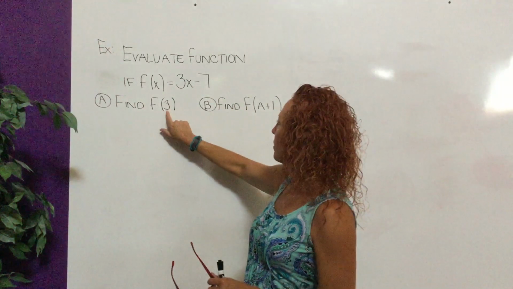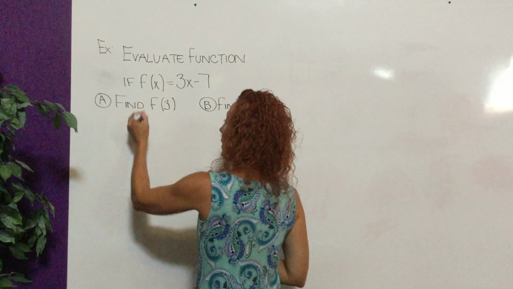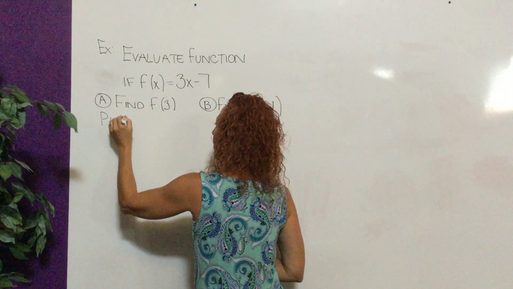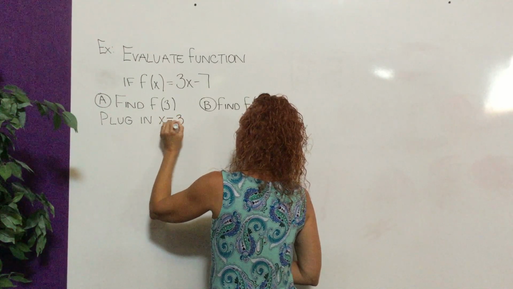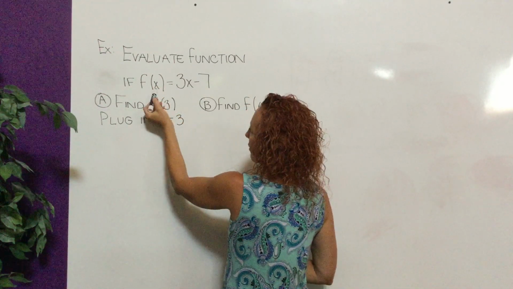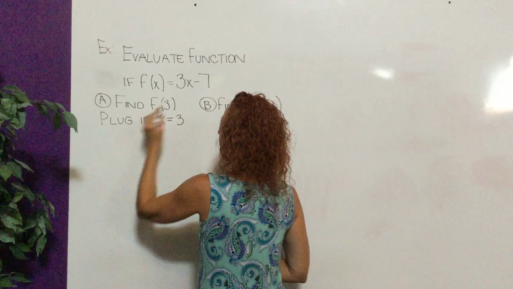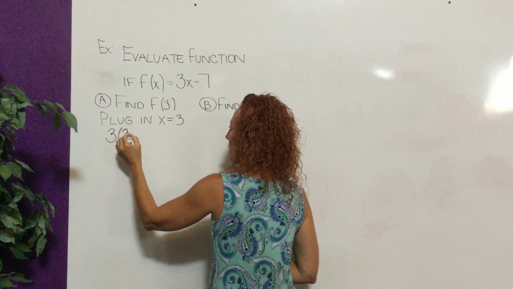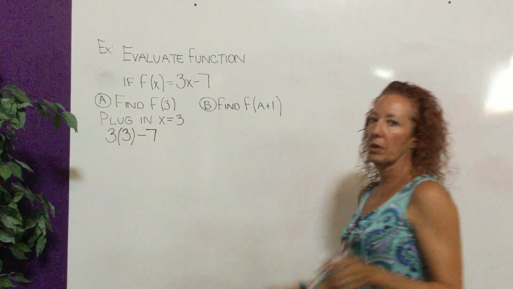It's not going to explicitly say plug in x equals 3, but you can infer to plug in x equals 3 because you can tell that they've replaced the x with that number. So that's your hint. So we're going to come up here and instead of 3x minus 7, we're going to go 3 times 3 minus 7. And then just work it out.